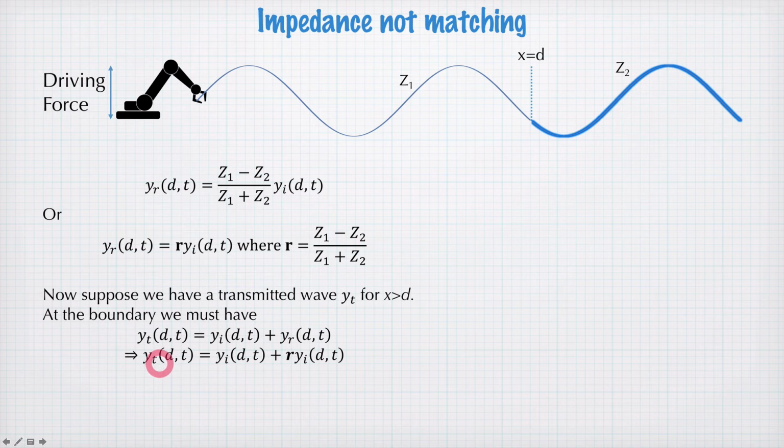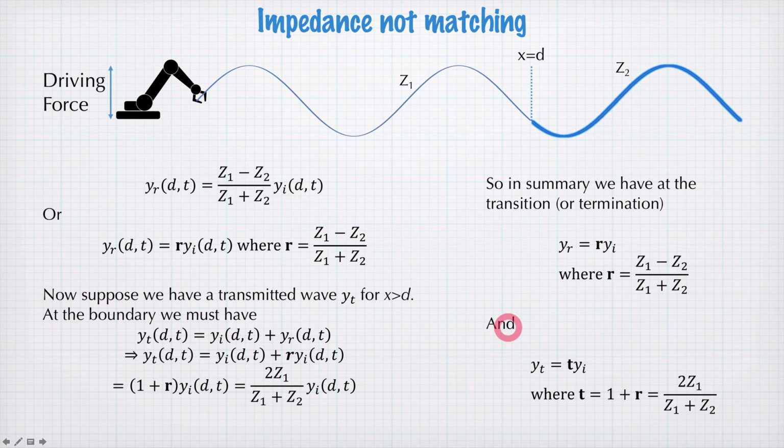Therefore, the transmitted wave amplitude must be equal to the incident wave amplitude plus r times the incident wave amplitude, or 1 plus r times yi, which is given by this. So, in summary, the reflected wave amplitude is given by r times yi, where r is some ratio of the impedances, and the transmitted wave amplitude is given by t times yi, where t is 1 plus r and equal to this.